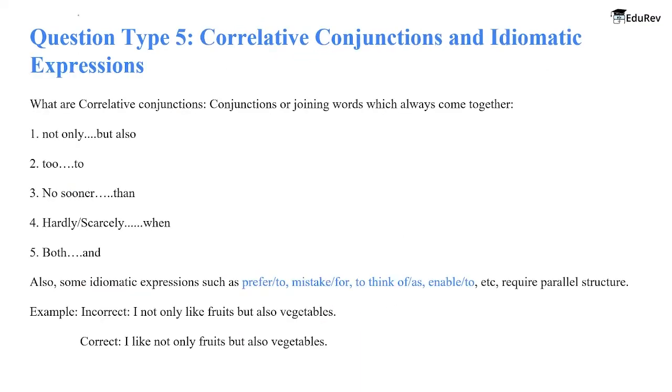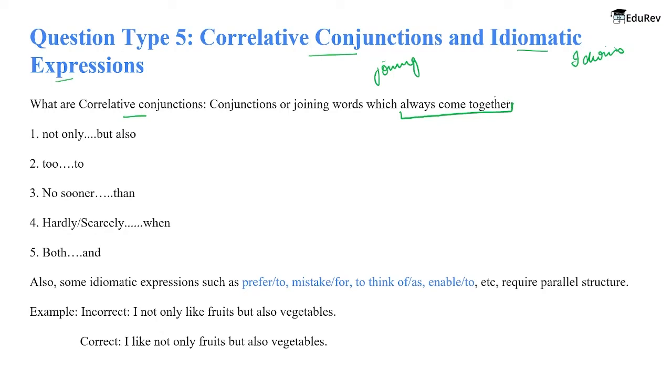Now the next question type is correlative conjunctions and idiomatic expressions. So we know what idioms are, and we know what conjunctions are. Conjunctions are the joining words. So what are correlative conjunctions? Conjunctions or joining words which always come together.